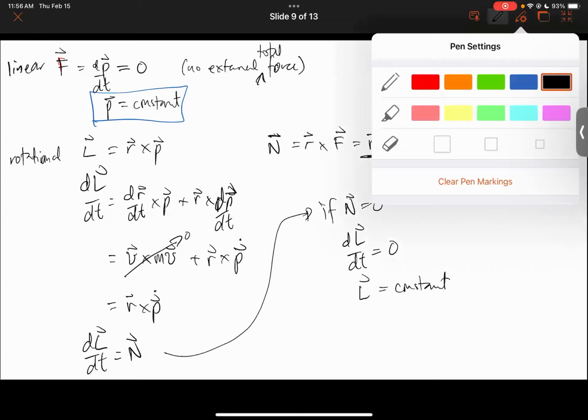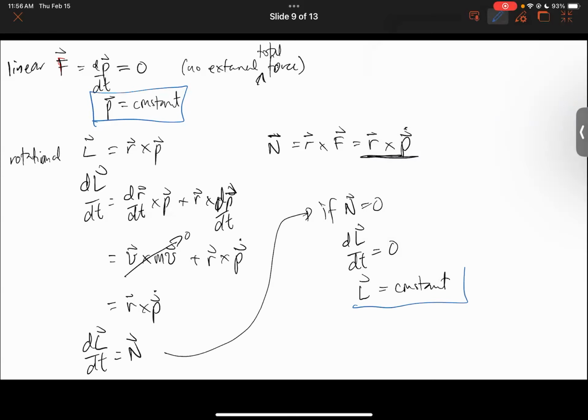So pretty much the same way na ang linear momentum ay constant. So if there's no external torque, the angular momentum of a system is constant. Again, itong torque na ito is the total torque of the system.